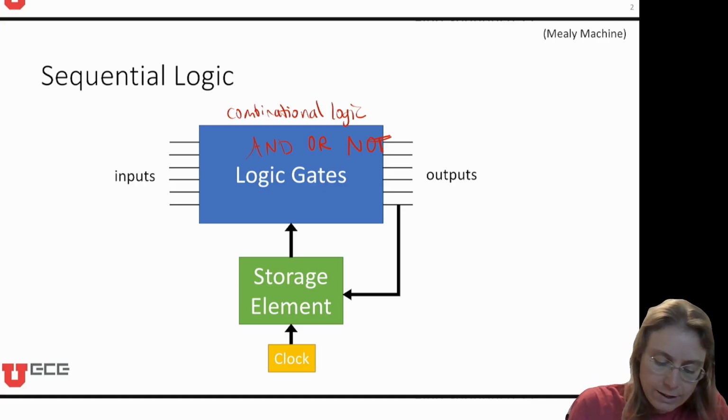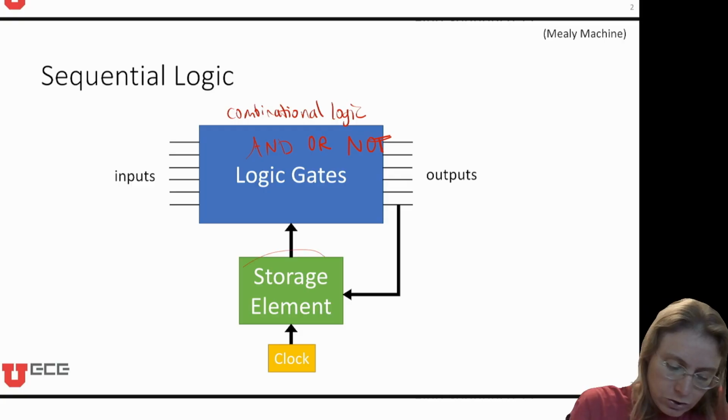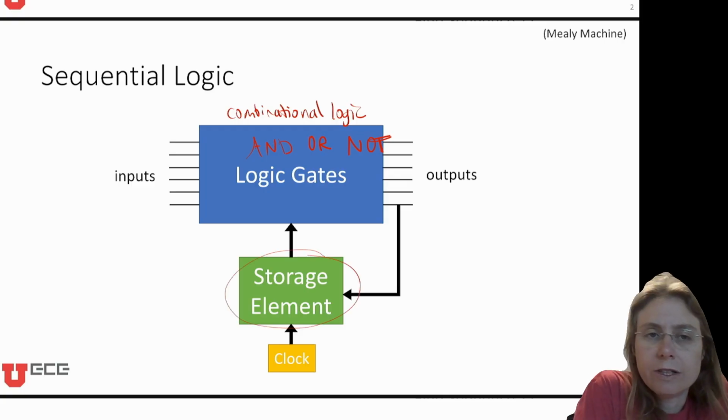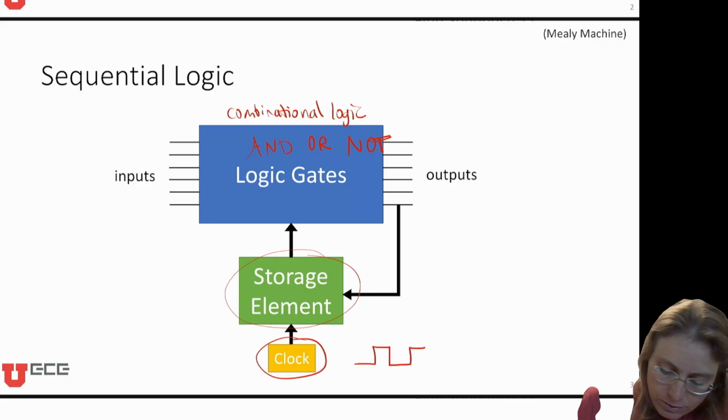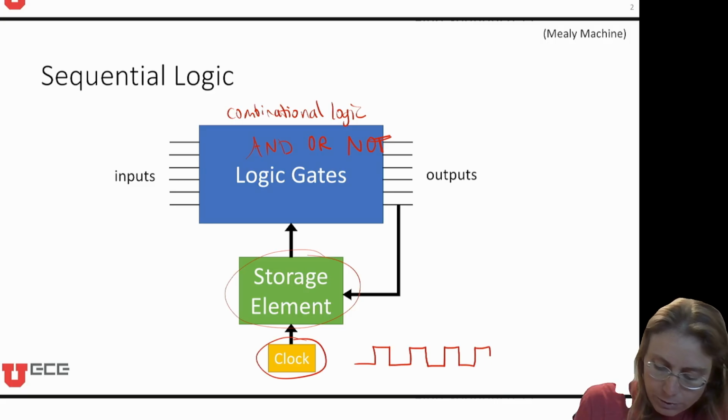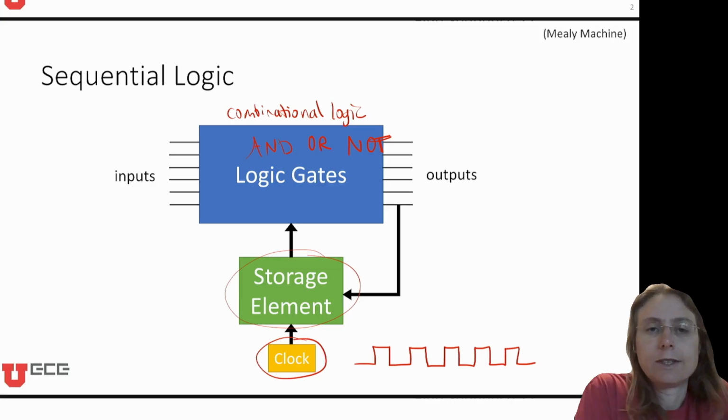And then we talked last class about adding storage elements to store previous inputs and allow our outputs to be dependent on that. And we created storage elements using latches and flip-flops. And the flip-flops were run by a clock, which was a timing signal, a digital signal that goes periodically up and down, up and down, up and down, and runs our whole system.